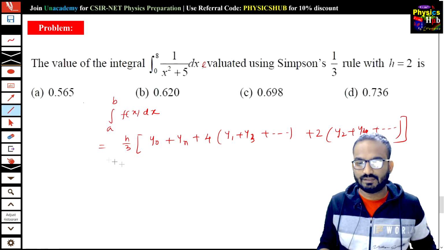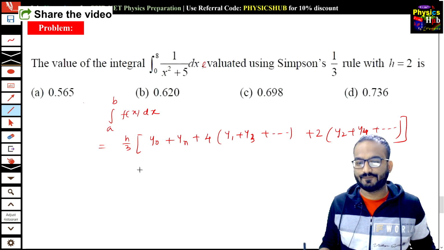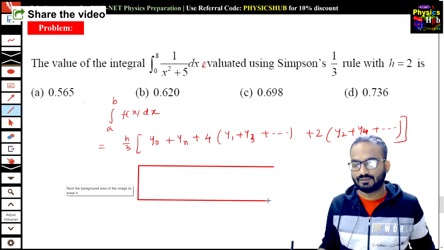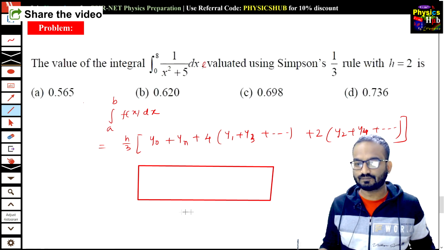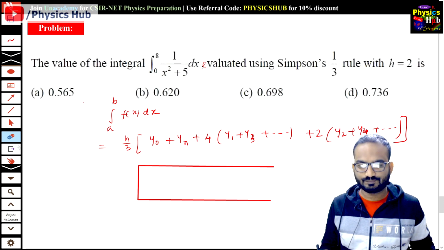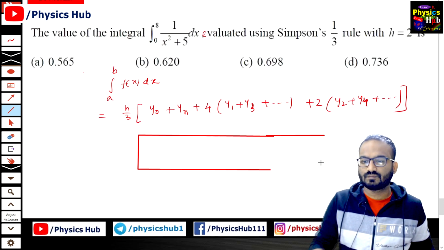So for the present case, a is 0, b is 8. So let's make the table. The table will look like this. Let's make it a bit bigger.